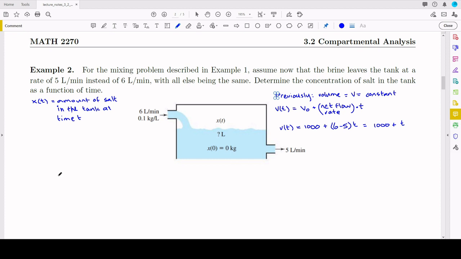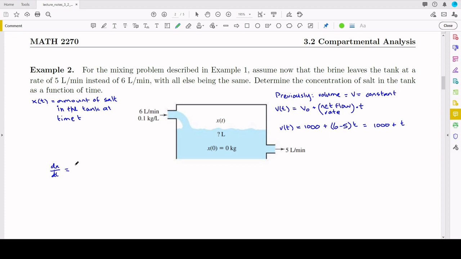Okay, so now we're going to write down our differential equation, which is dx/dt equals, and now we're going to write down the same thing as before.